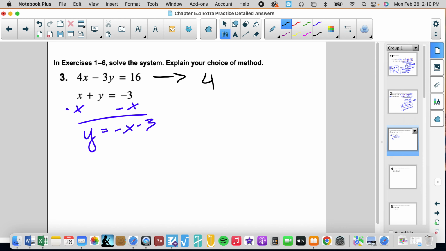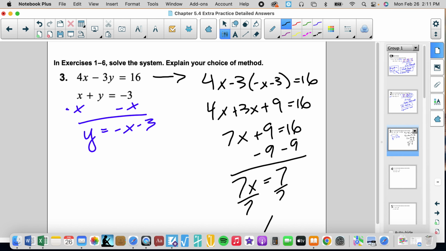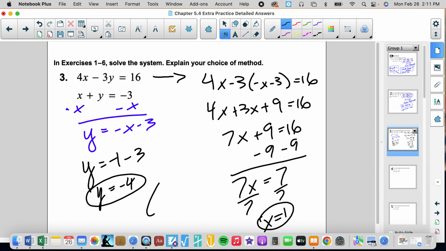So where we see y, we will substitute negative x minus 3 equals 16. 4x plus 3x plus 9 equals 16. 7x plus 9 equals 16, minus 9. 7x equals 7. Divide by 7. X equals 1. And then y equals negative 1 minus 3. Y equals negative 4. So my point is (1, -4).